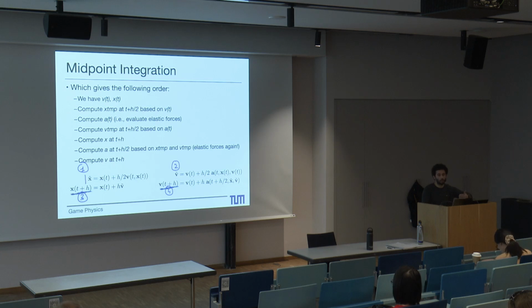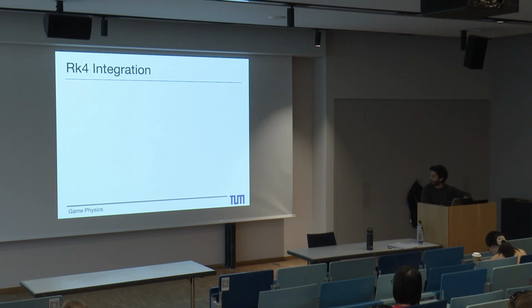Now this is more convoluted than the Euler step that we have seen before, and of course it does get worse as soon as we try to do this using Runge-Kutta. So the procedure is very similar to the one that we used in the midpoint method.